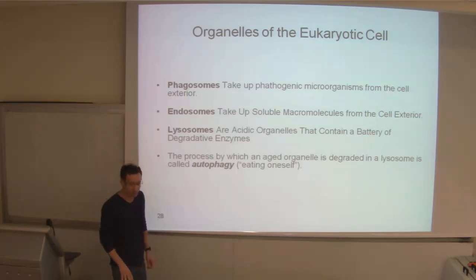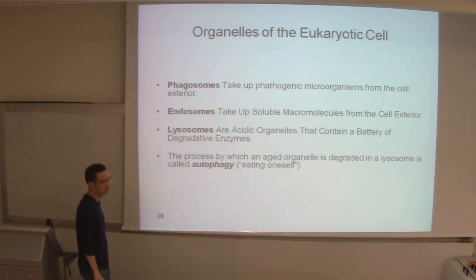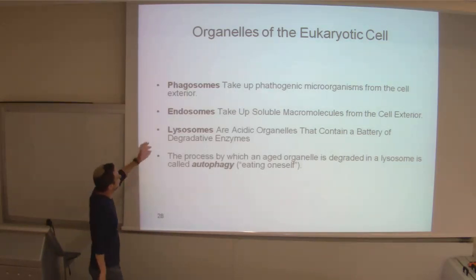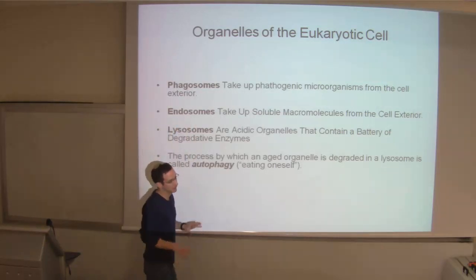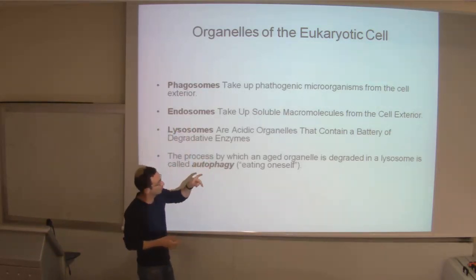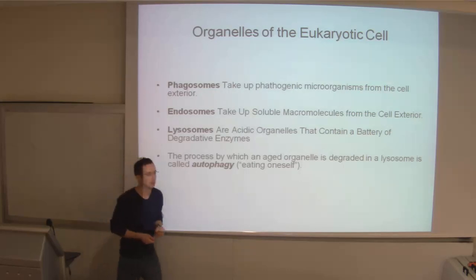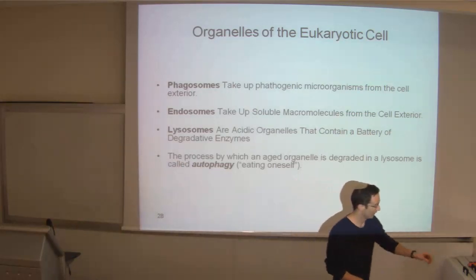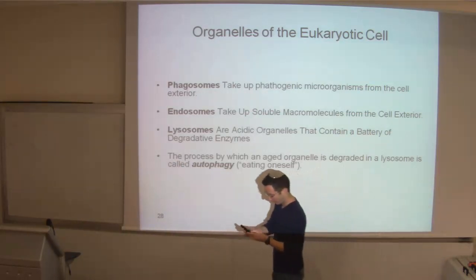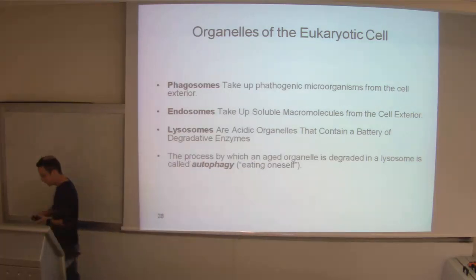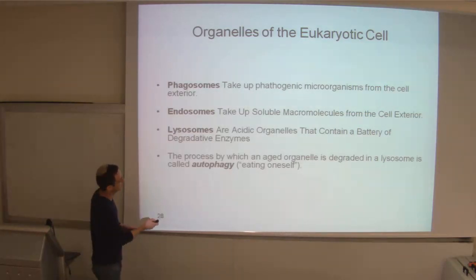Okay, so these are all vesicles. That's their common feature. Phagosomes are vesicles that internalize pathogenic microorganisms from the cell exterior. So they internalize the biggest substance that a cell can take in from the surroundings, right? Because it's microorganisms.